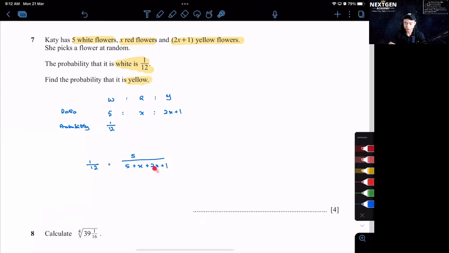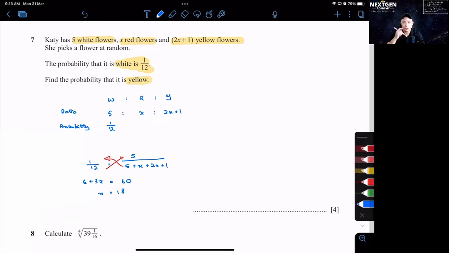Parts over total, so that's how we calculate the probability. Just go and calculate it. Cross multiply it. I've actually already calculated it. You should get 6 plus 3x, and then x equals 18. All this is just very simple algebra.